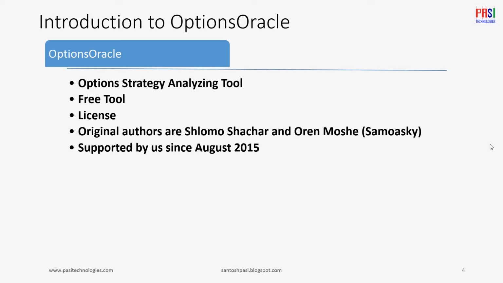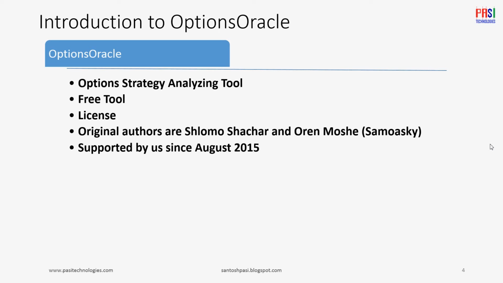In 2012, both the authors said that they wouldn't be able to support this tool anymore, so they made this software open source with some conditions. The conditions are that the software can be used for your own purpose, or you can use it commercially. You can do whatever you wish. All the license details are available on my blog, so you can go to pasitechnologies.com and see the original license of the authors, and once you install, you can also see the original license in the installation folder.